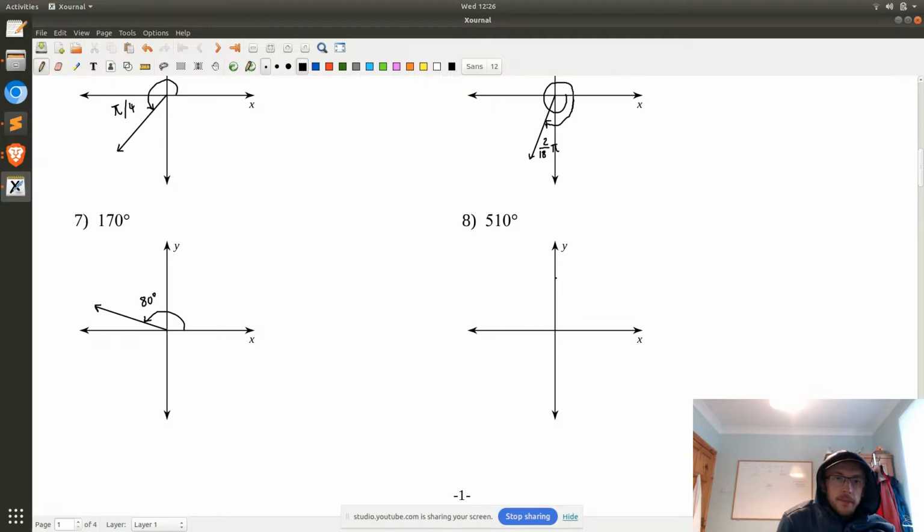Now, 510 degrees. Well, that's 150 degrees more than 360 degrees, which means that I must do this. 360, 450, and then 60 degrees onwards from that.